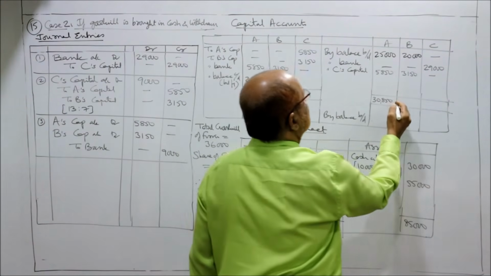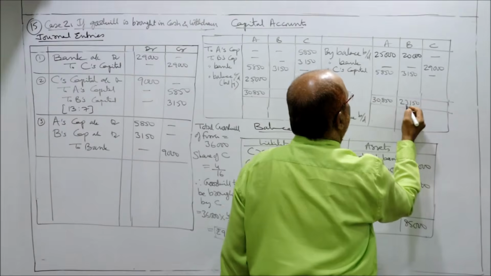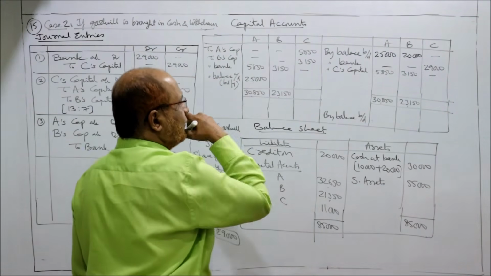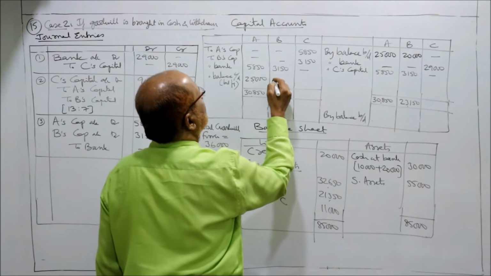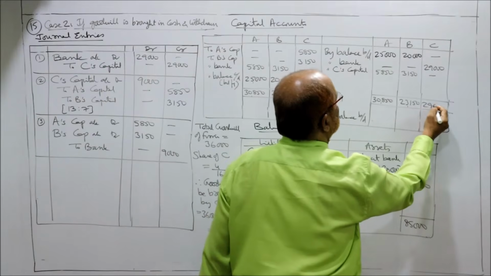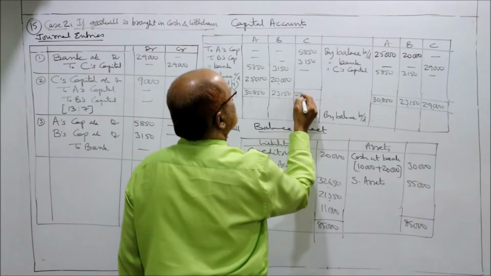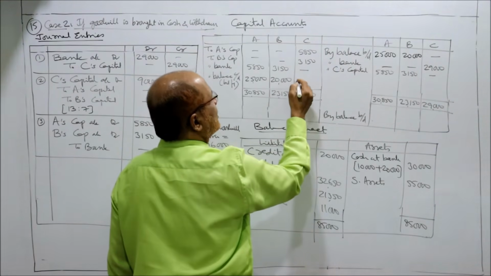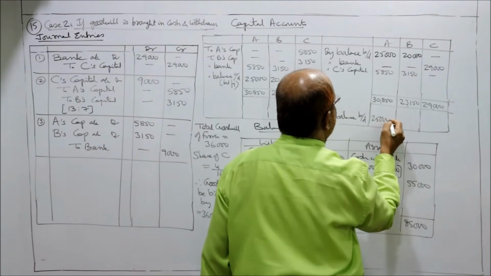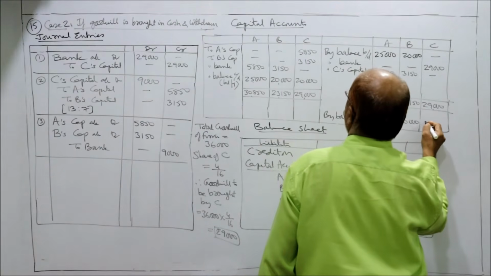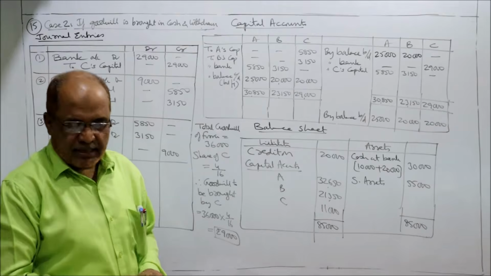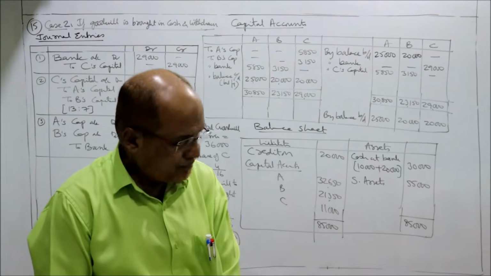Similarly here 23,150. From 23,150 subtract 3,150, you will get 20,000. Here it is 29,000. So 29,000 minus 9,000, you will get 20,000. That's it. Capital accounts are prepared.